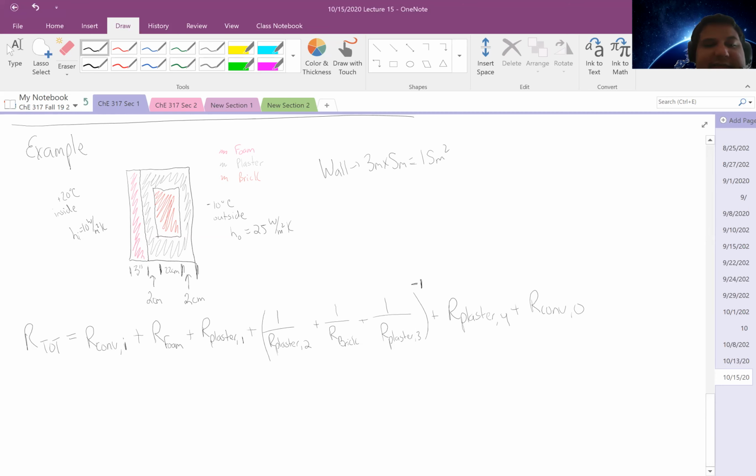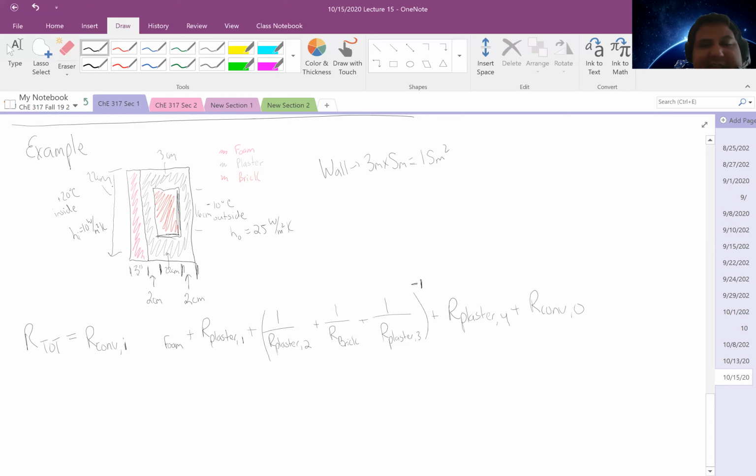If this section is 22, this section should be 16 centimeters. And if the plaster layer here is 2 centimeters, then this layer should be 3 centimeters on the top and bottom of the brick. That means this whole section that I'm looking at is only approximately 22 centimeters long.